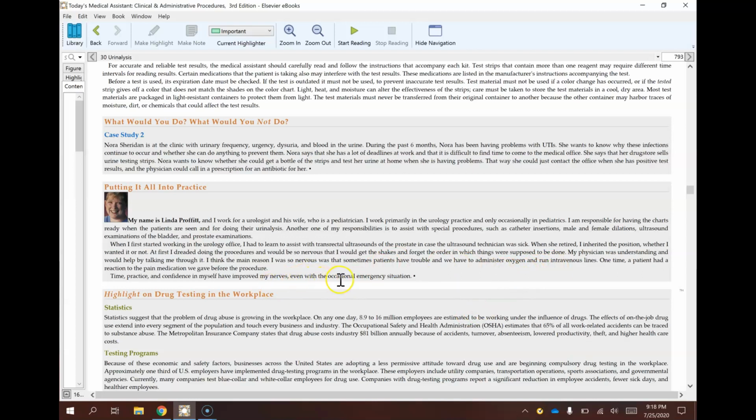Okay. Time, practice, and confidence in myself have improved my nerves even with the occasional emergency situation. So again, this particular MA does not work in an internal medicine practice. She works in a specialty practice, and she has had to familiarize herself with how procedures are done in this office.